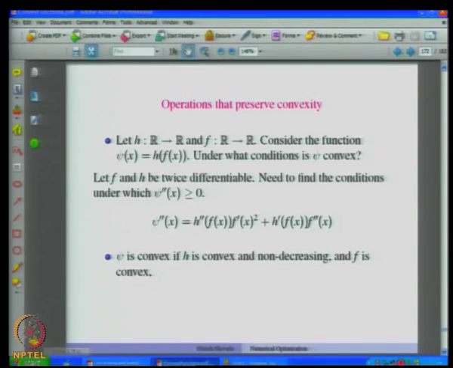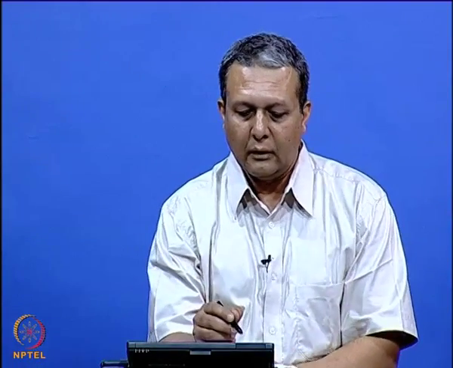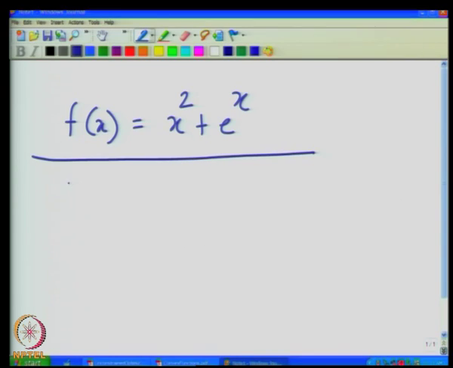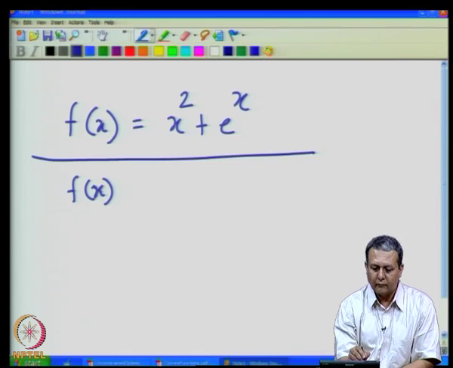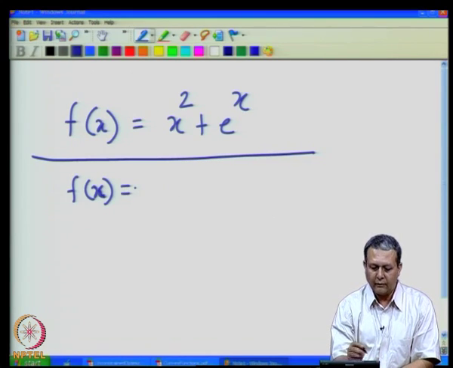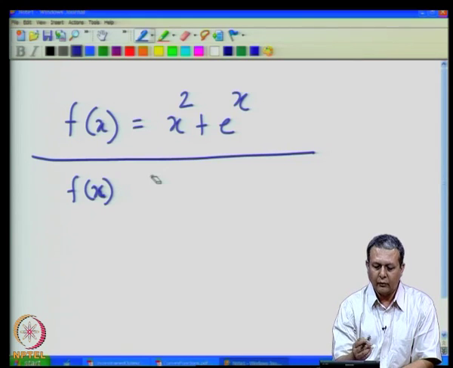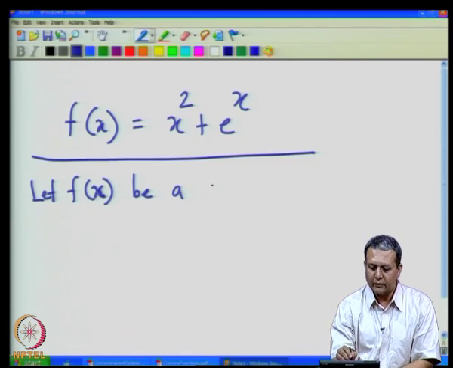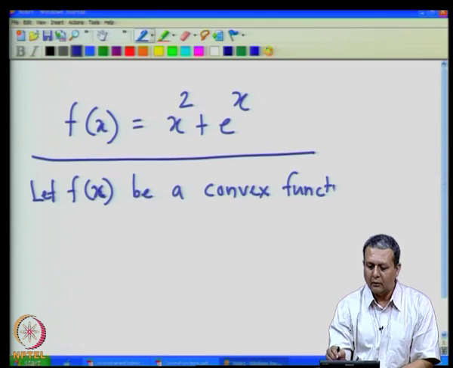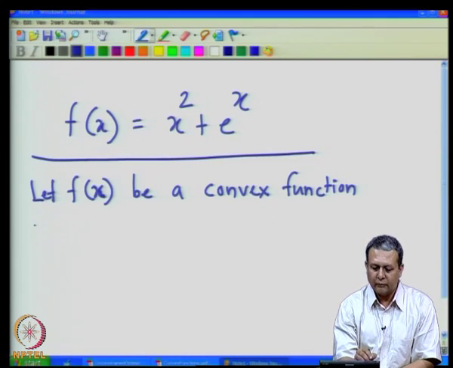Now, let us consider the function f x to be a convex function. Let us consider any convex function and then psi x to be e to the power f x.